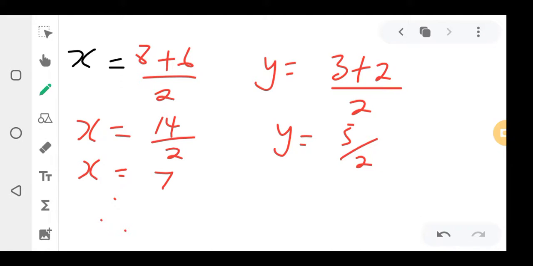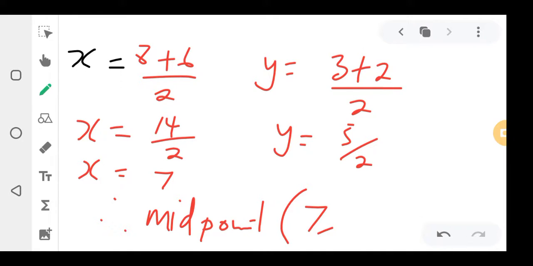So therefore, the midpoint is, the x coordinate is 7 comma, the y coordinate is 5 over 2, and then close bracket. So it is (7, 5/2). That's how you do it.